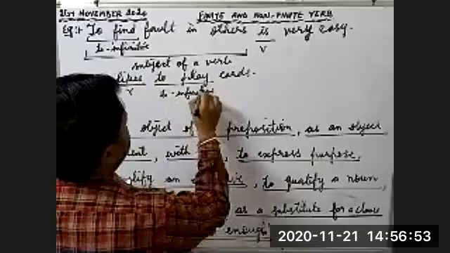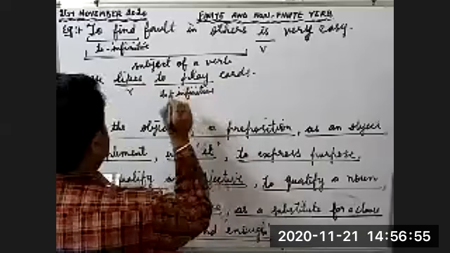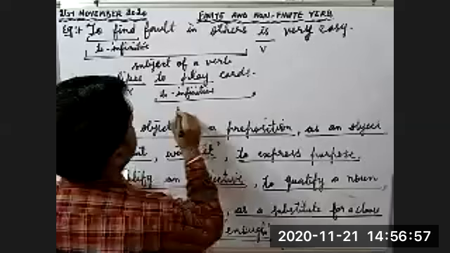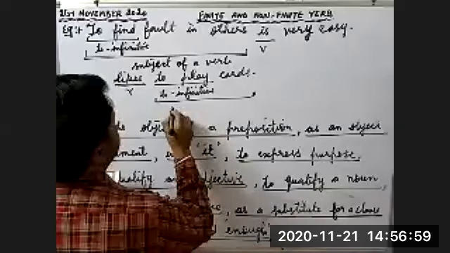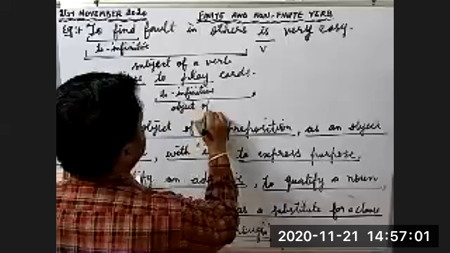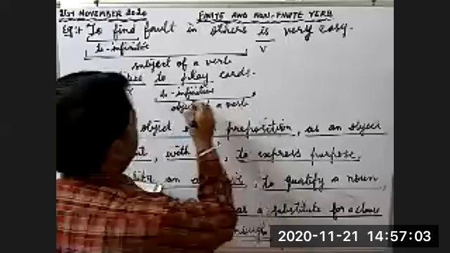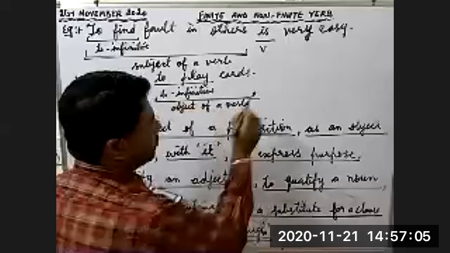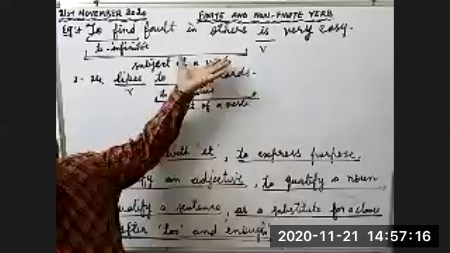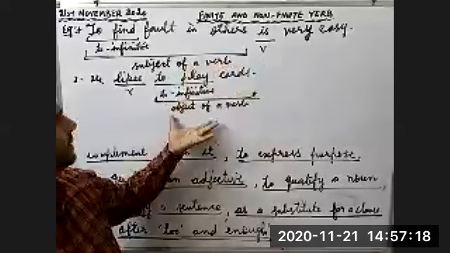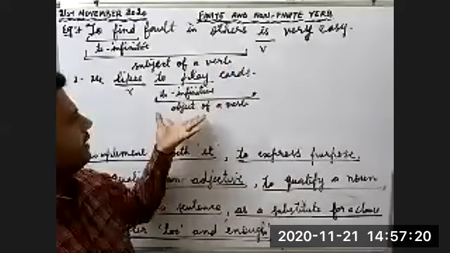And it is used as object of a verb. I hope two uses are clear to you. We have written two examples. In the first example, we have used to infinitive as subject of a verb. In the second example, we have used to infinitive as object of a verb.